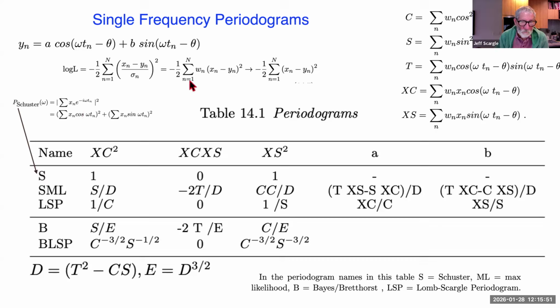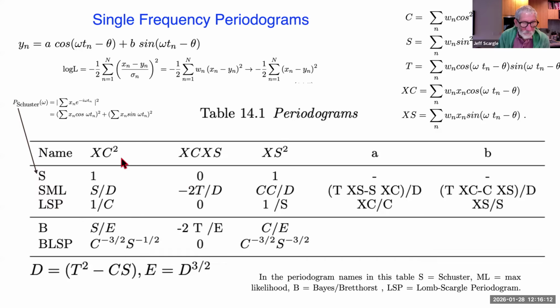But these other 2 techniques, with and without the phase shift, the phase shift theta is sort of optional. And when that's used, I call it LS for Lomb, and I forget the second author.